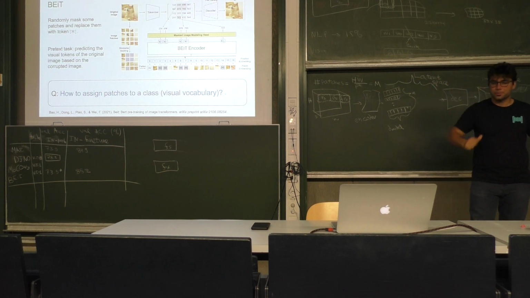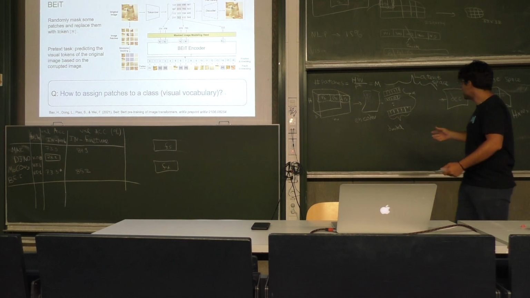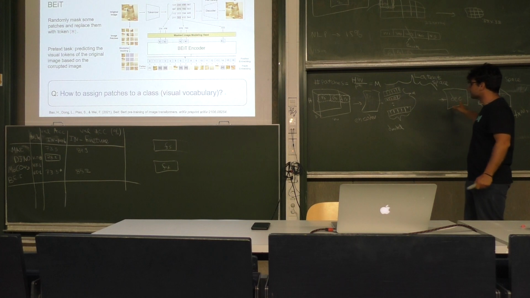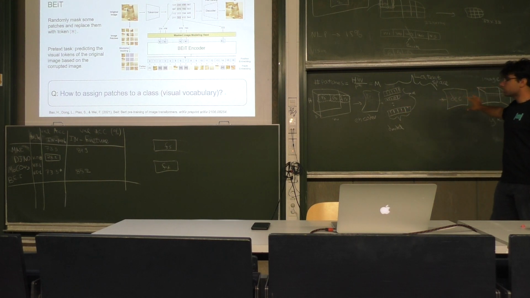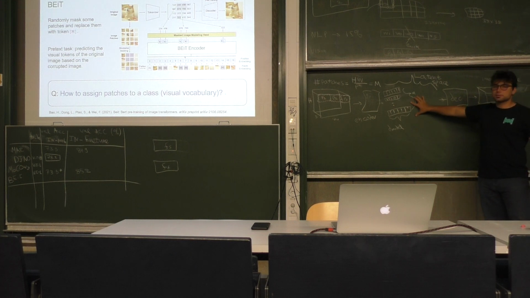All right? So the question is how we do that. Do you know why there is a problem if we discretize this latent space here? Do you have any intuition why this would not work?